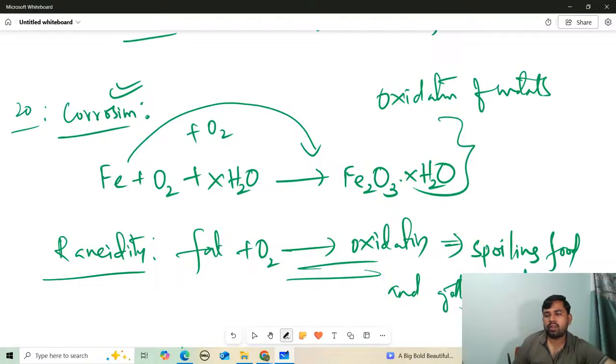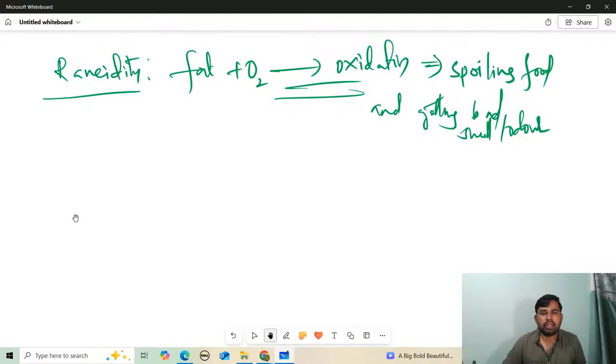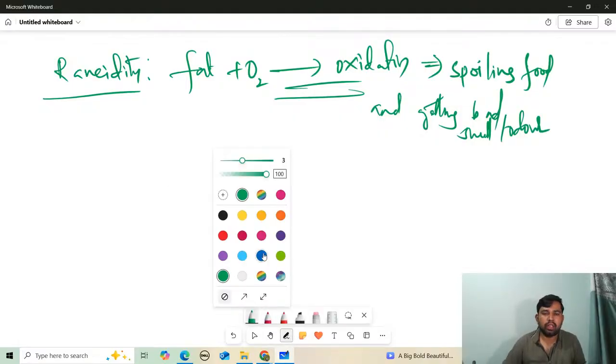Oxidation is an example of rancidity. So with this, we can end the chapter on chemical equations and reactions.